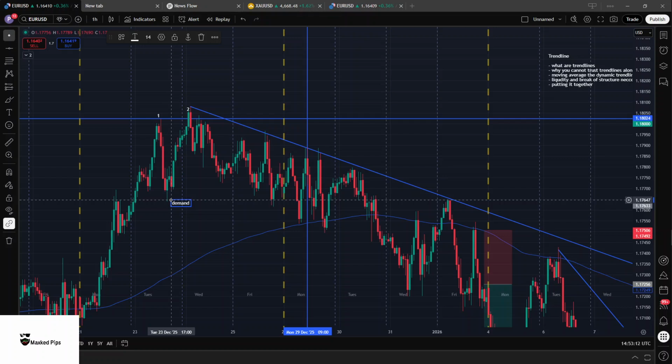It can also be called an order block. It can also be called another block also. And surely it is a liquidity zone.